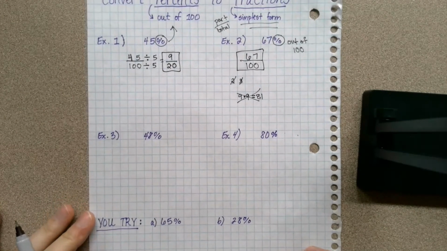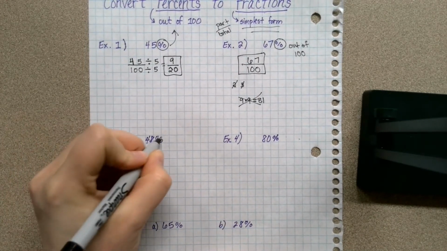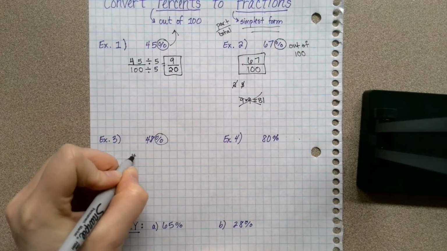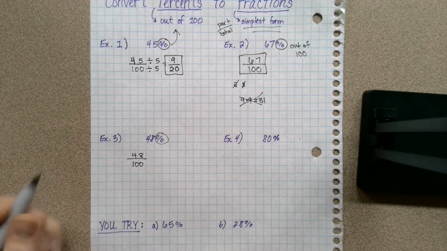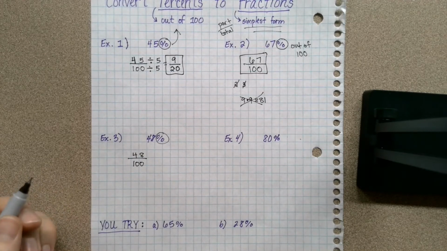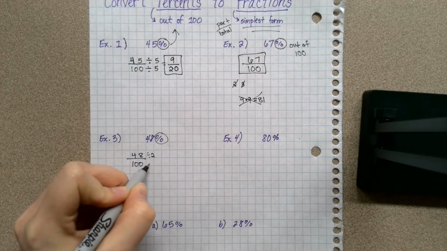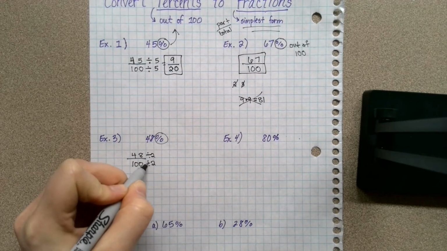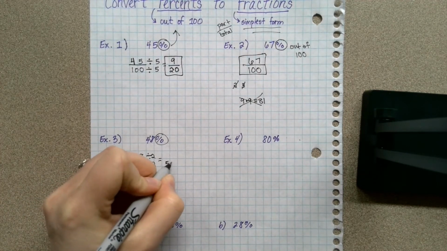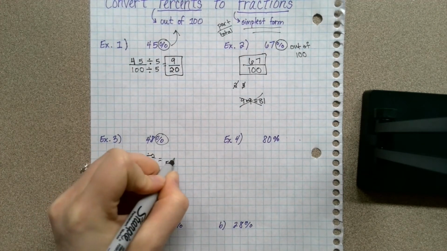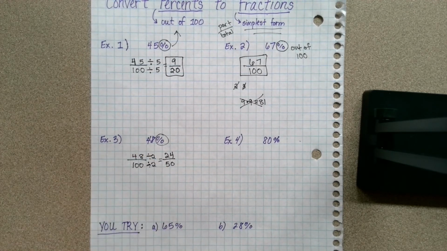If we look at another example, we have 48% out of 100, so we put 48 over 100, and then we need to simplify. We can start with two even numbers, dividing by 2, that's okay. Dividing by the greatest common factor would be the quickest way, but this also works. We get 50 in the denominator, and we get 24 in the numerator.